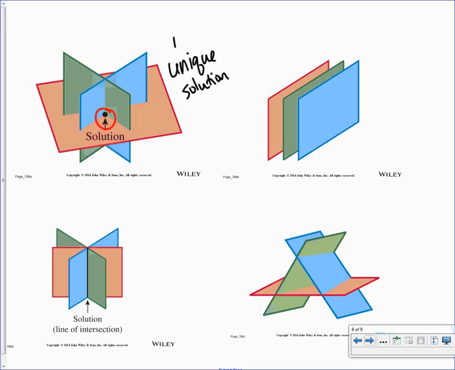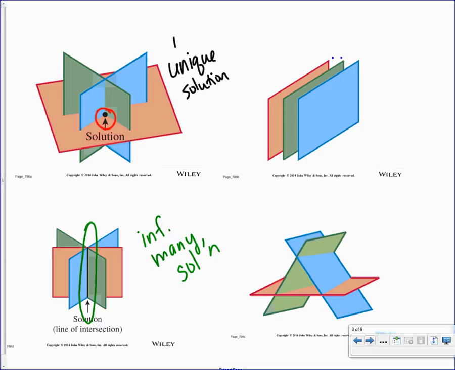If you have infinitely many solutions, that means that your 3 planes meet at a line, right? And there are infinite points on a line, so that line represents infinitely many solutions. I'm going to abbreviate infinitely, INF, and solutions, SOL'N.